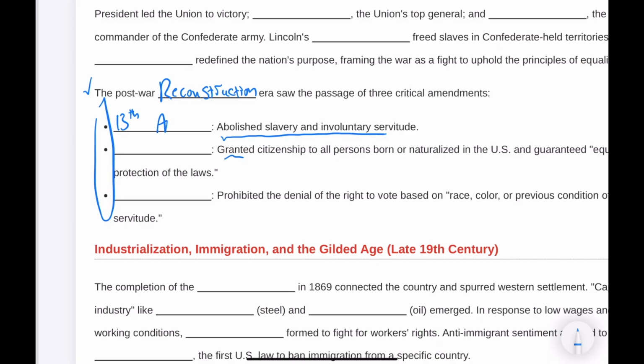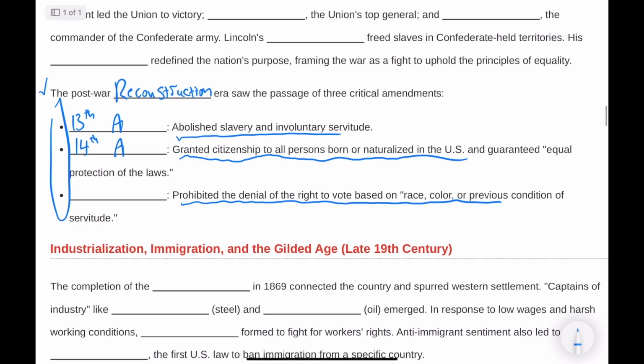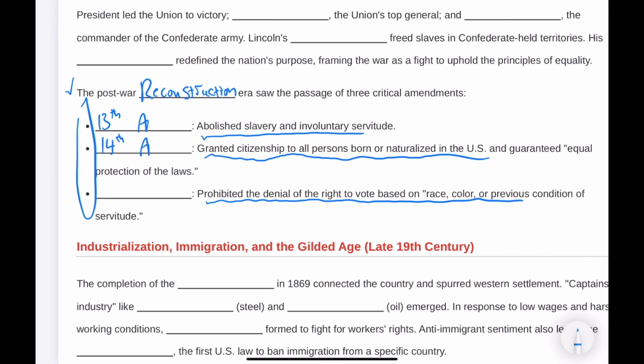Next up, this granted citizenship to all persons born in the U.S. That was the 14th Amendment. And then next, we have blank prohibited the denial of the right to vote based on race, color, or previous condition of servitude. And that was the 15th Amendment.